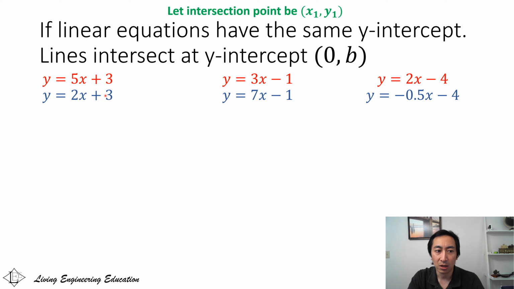In this case, the red and blue lines here are going to intersect at (0, 3). The red and blue lines here are going to intersect at (0, -1), and the red and blue lines here are going to intersect at (0, -4).